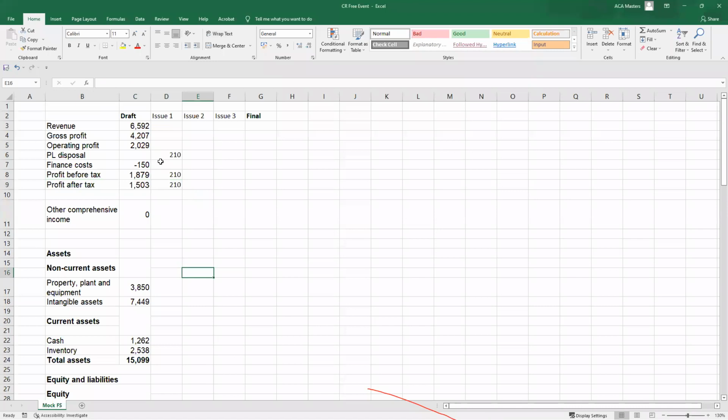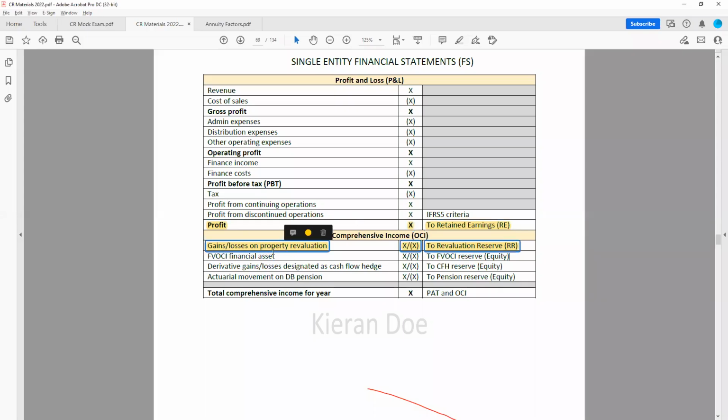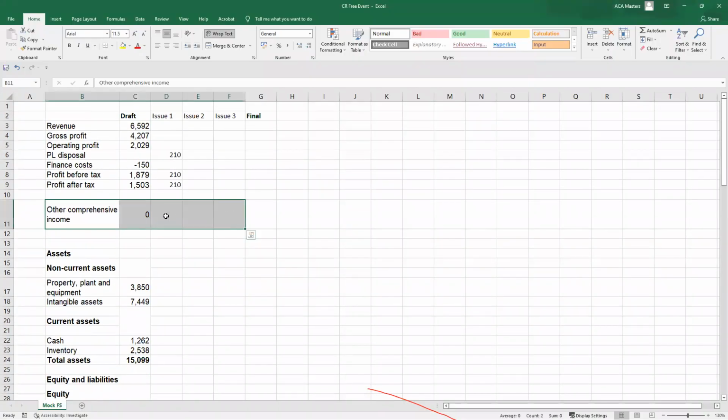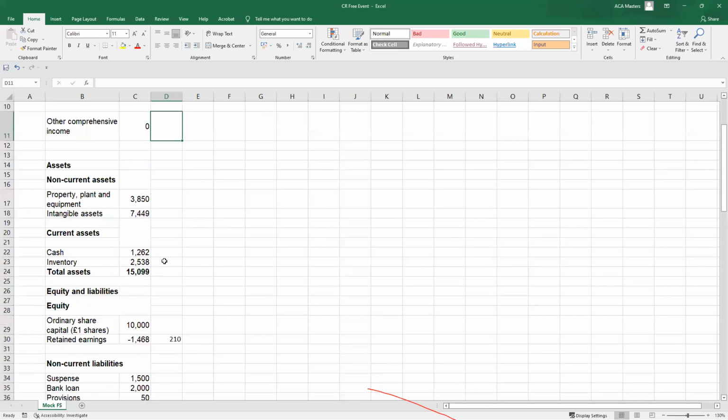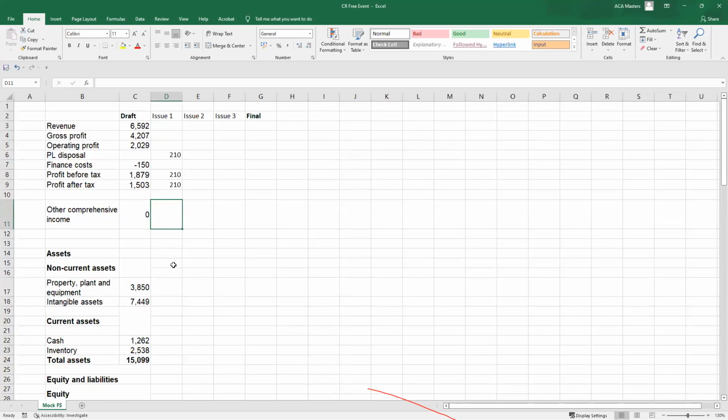So if profit increases by 210, then retained earnings are going to increase by 210 as well. If we had a revaluation of PPE in one of the later adjustments, that would go through OCI and increase the revaluation reserve in equity, perhaps not relevant here for this question. So it's really important you follow through your adjustments from the income statements, whether that's P&L or OCI, into reserves. It's been commented that lots of students fail to do this.